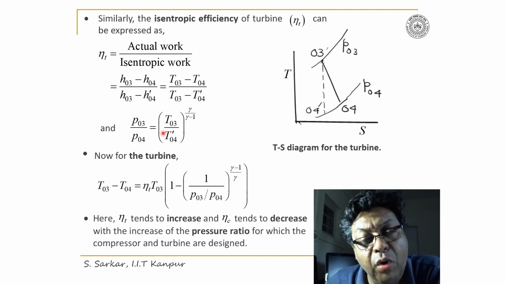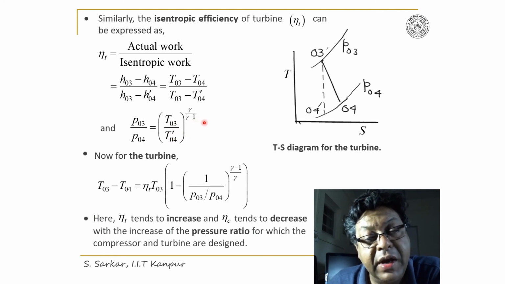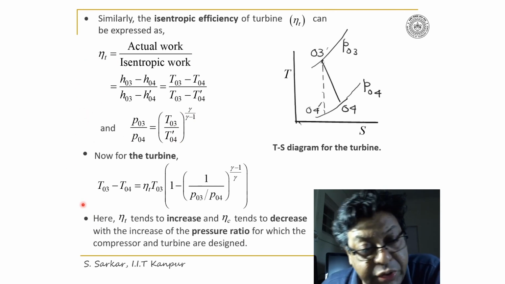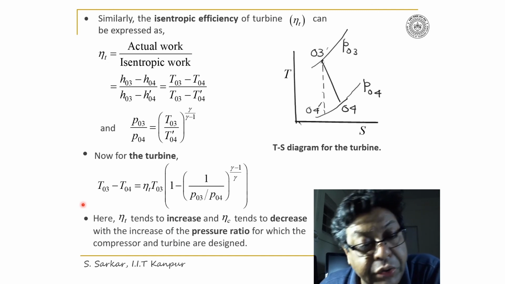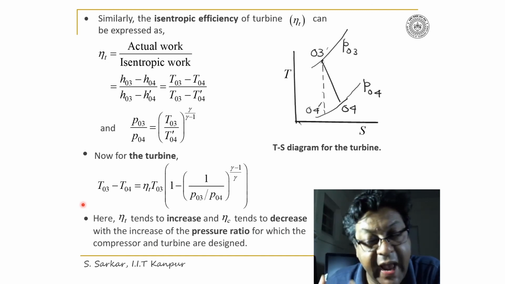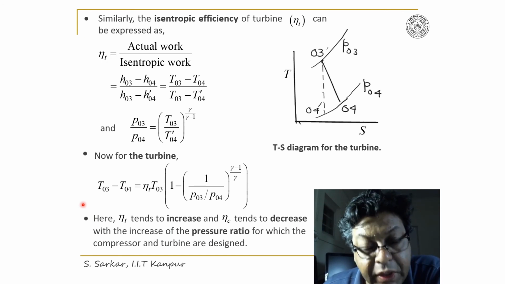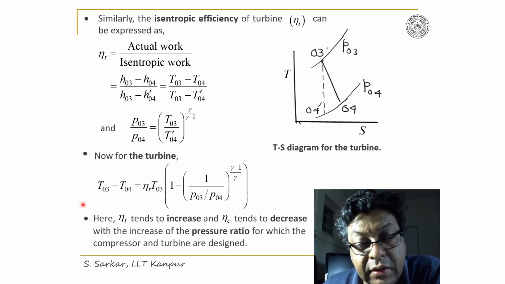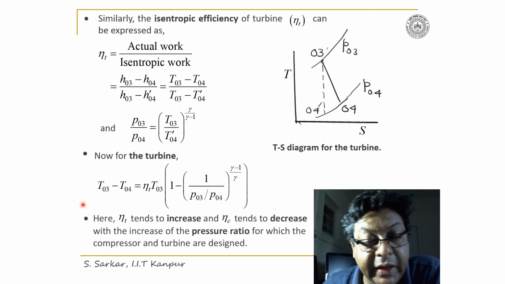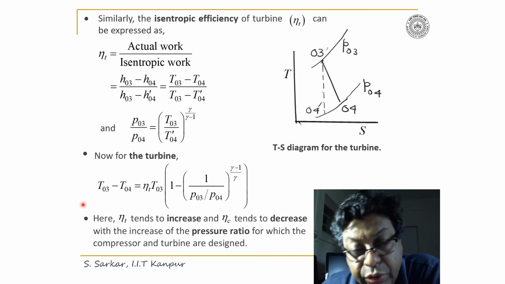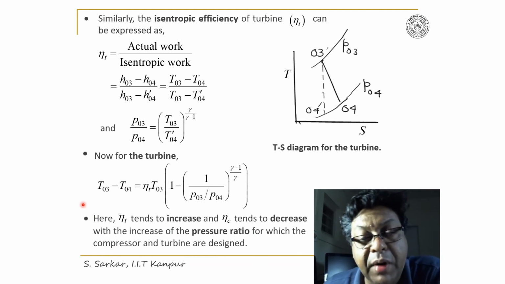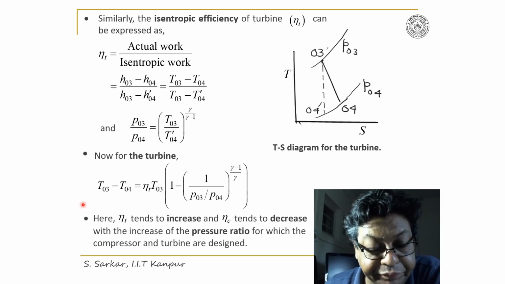Now if I combine these two relations, I'll land to the expression of T03 minus T04, that is actual temperature drop, is equal to eta T into T03 within the bracket 1, again within the bracket 1 divided by P03 by P04 to the power gamma minus 1 by gamma.